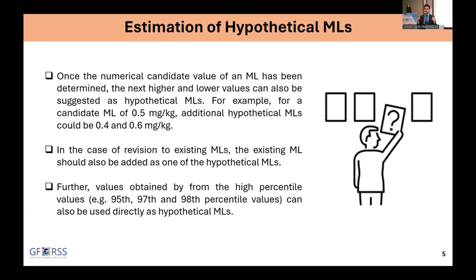Why is the 95th percentile value the first obvious and logical candidate for an ML? Any idea? Let's use the microphone, please, because that's the most important discussion we will be having here. I'm not saying that then I will be adopting this ML, but that's the first obvious candidate. Okay?